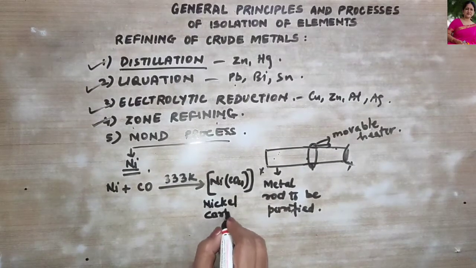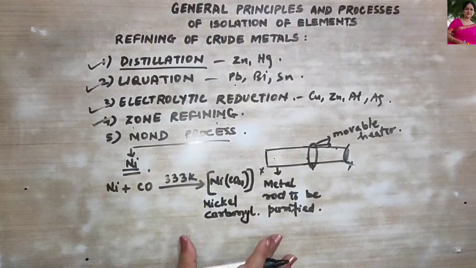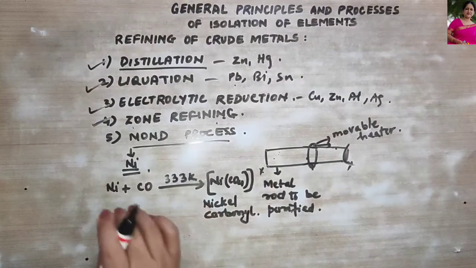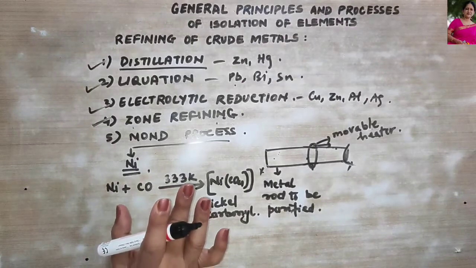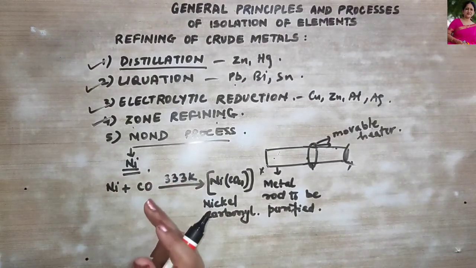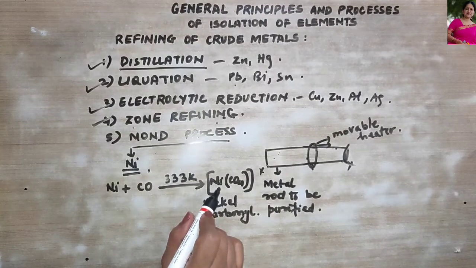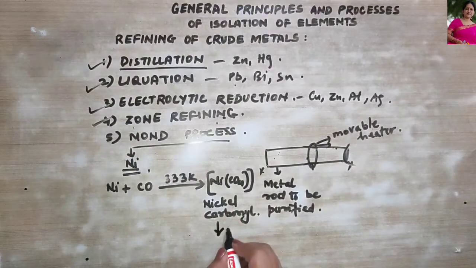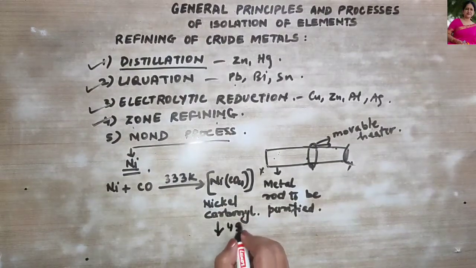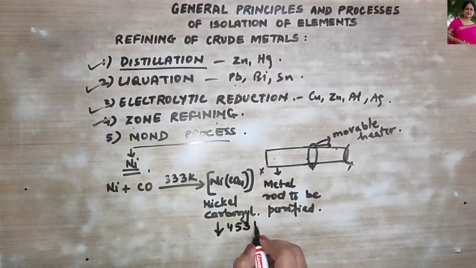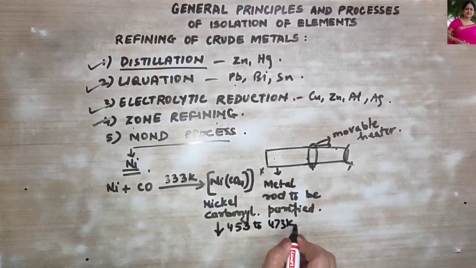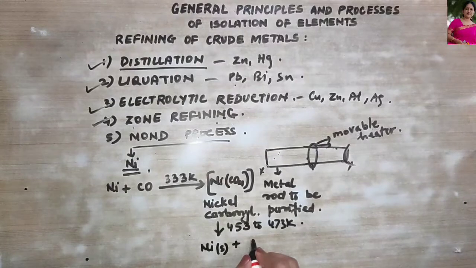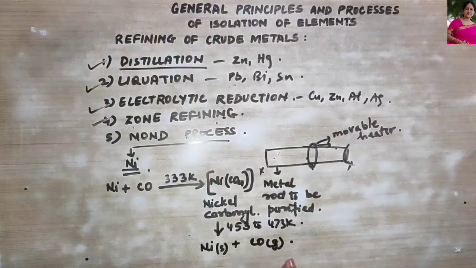Nickel carbonyl is formed over here. So the solid impurities, including the cobalt which is present in the nickel, can be easily separated. Now this pure nickel is removed from the carbonyl compound by heating it to a higher temperature. If we heat this to 453 Kelvin to 473 Kelvin, then easily we will obtain nickel in the form of a solid and carbon monoxide in the form of a gas will be removed.